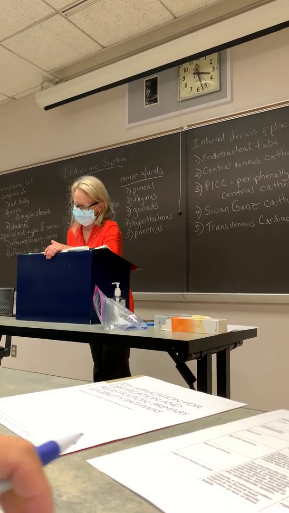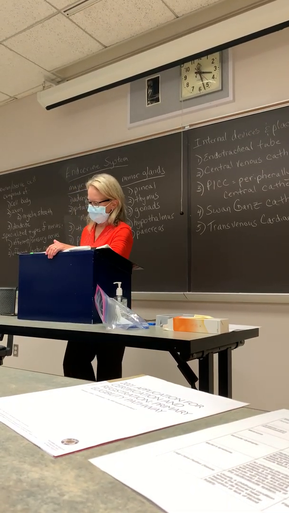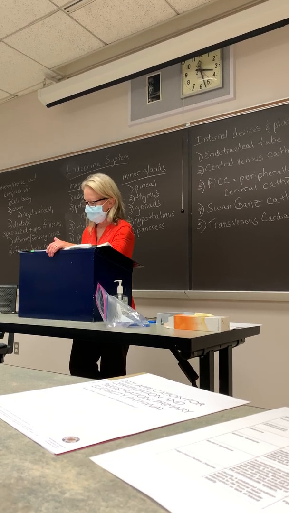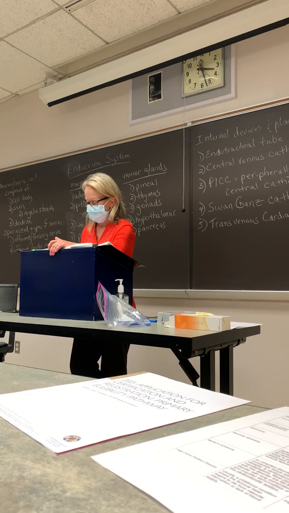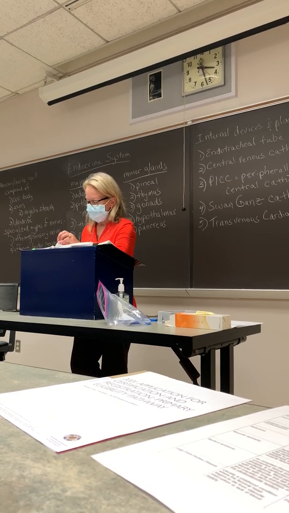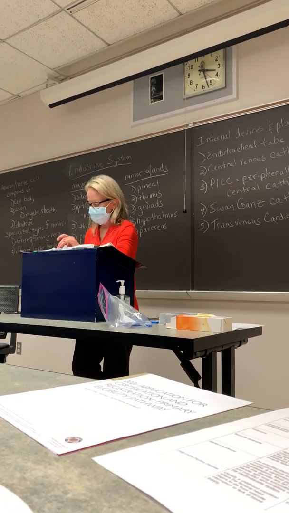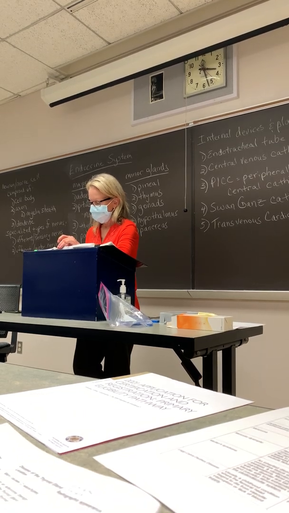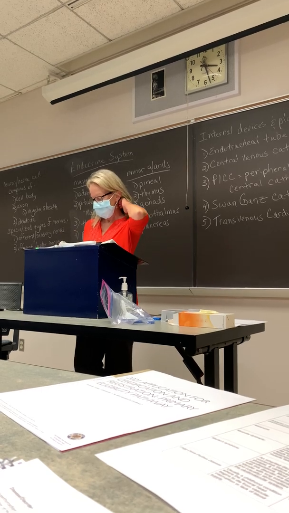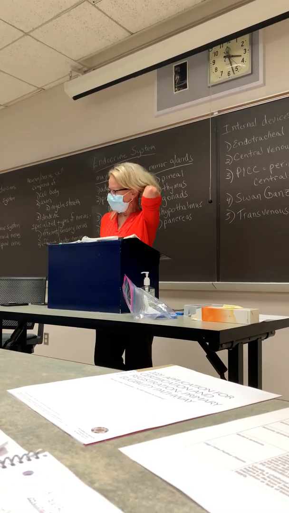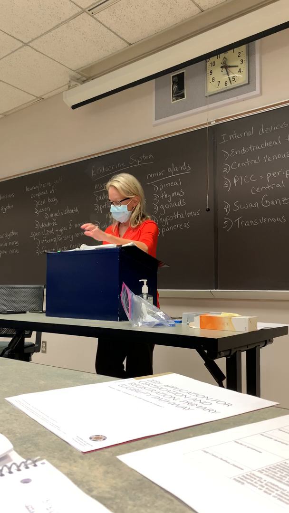Diseases of the thyroid gland. Hyperthyroidism, which would be excessive production. Two main causes. Number 1 is an adenoma, which is a tumor. And the second type is called Graves' disease.